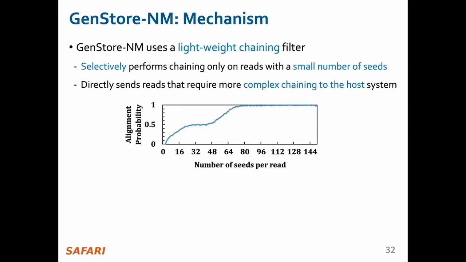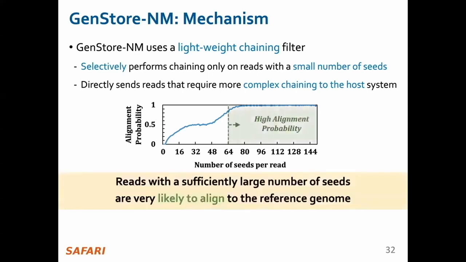This idea is based on our observation from analyzing a wide range of real-world genomic datasets. This figure shows the alignment probability of a read in a long-read dataset to subsequences in the reference genome as a function of the number of seeds per read. We observed that reads with a sufficiently large number of seeds are very likely to align to subsequences in the reference genome. Such reads can be directly sent to the CPU or an accelerator for full read mapping, bypassing the in-storage filter.